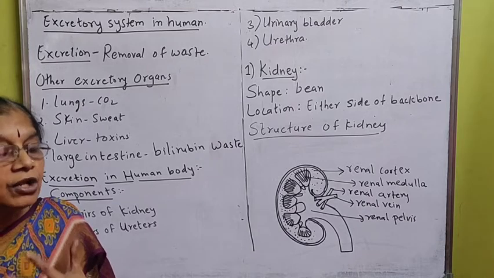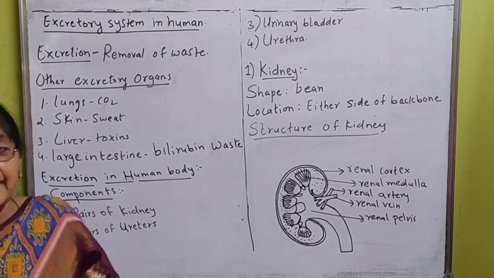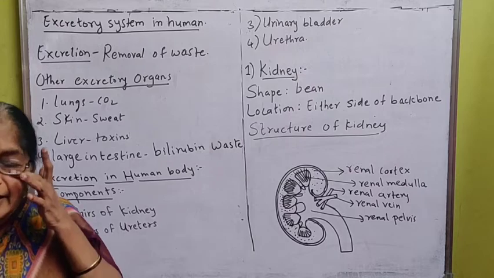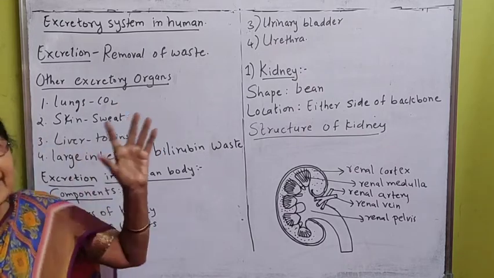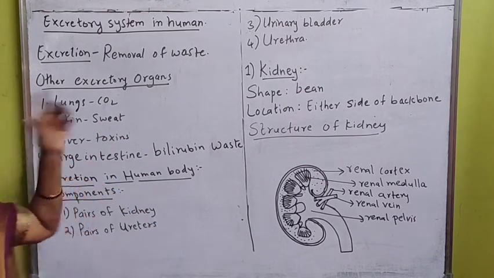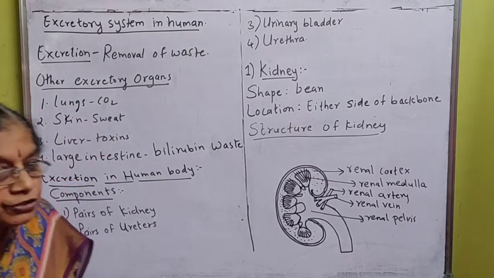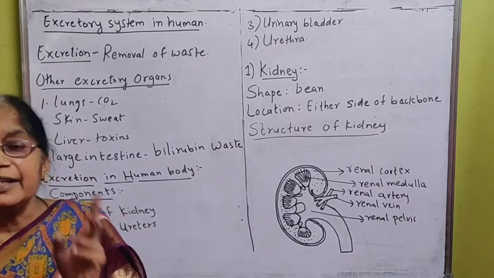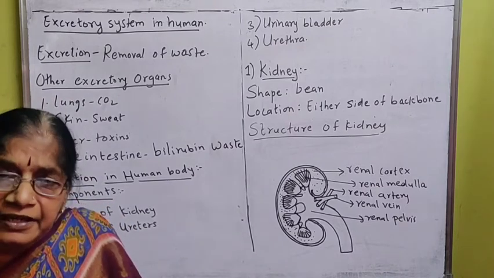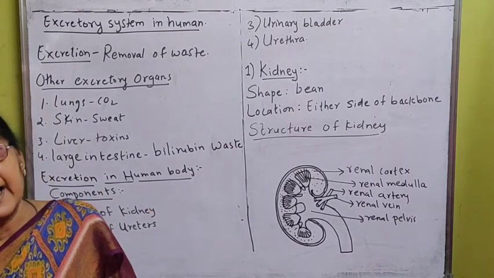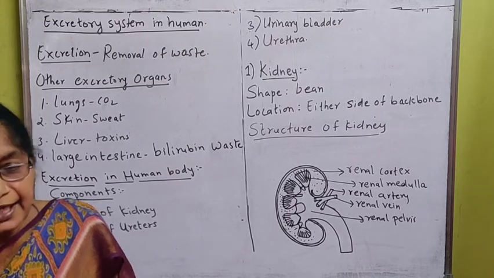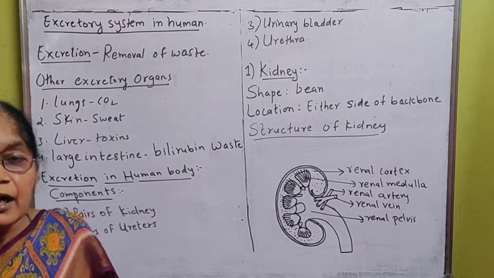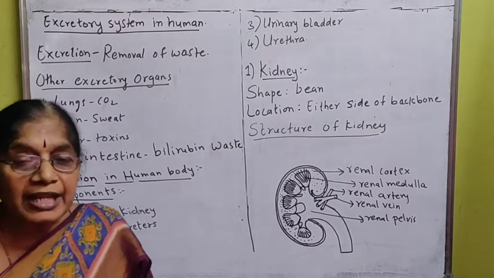Only the kidney cannot remove all the waste materials, so some other waste materials are removed by the other excretory organs. The first one we will take is the lungs. It removes the respiratory waste, which is carbon dioxide. The alveoli present in the lungs are connected with capillaries.